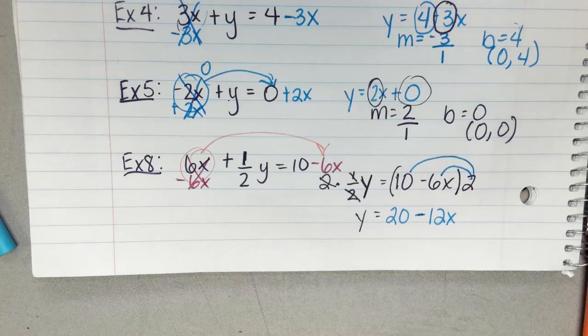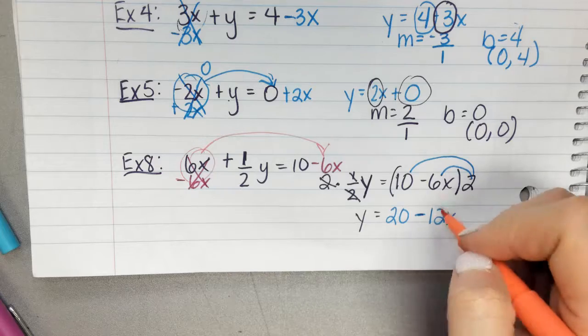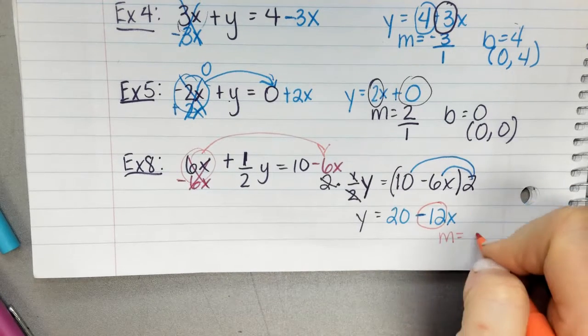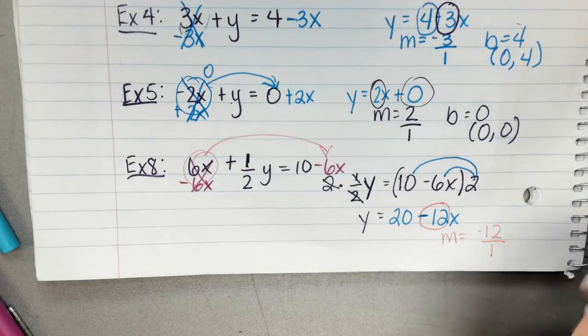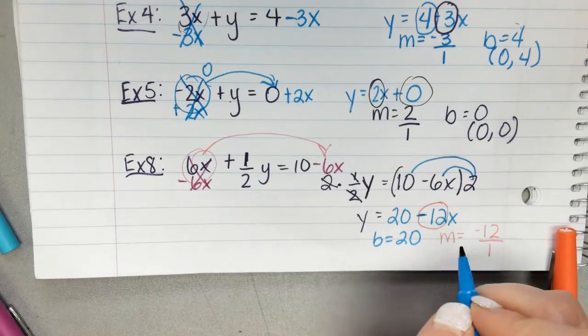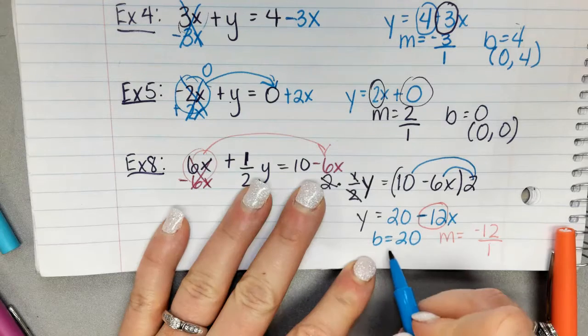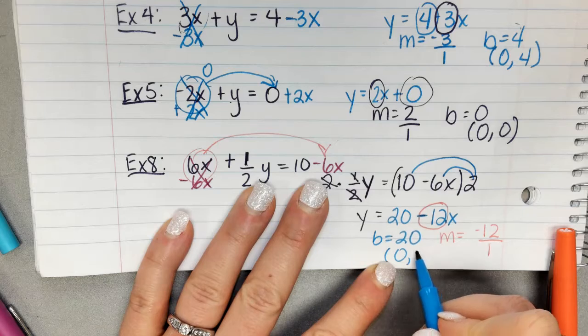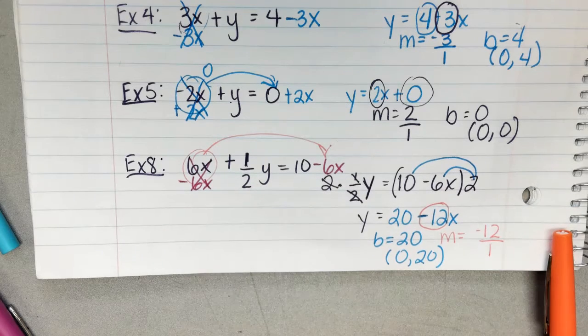So that means you're going to subtract there. And now we can tell what our slope is. Our slope is negative 12 over 1. And our b is 20. So the y-intercept would be at 0, 20.